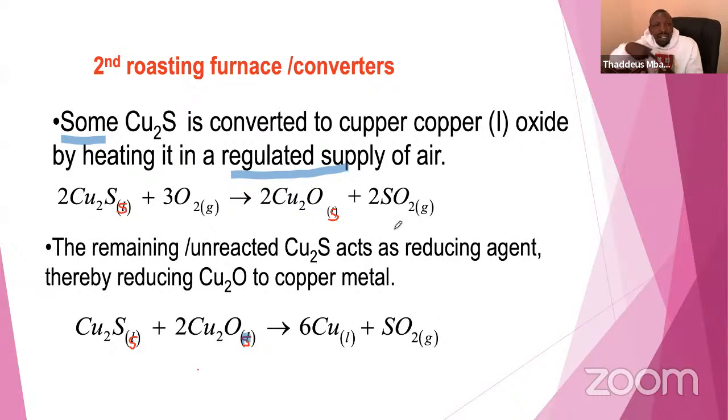Again, the sulfur oxide escapes, or rather is directed to the fume chamber, the collecting chamber. The remaining, or rather the unreacted copper 1 sulfide will now act as a reducing agent, whereby it will react with copper 1 oxide to form copper metal and sulfur oxide. And this reaction is called the self-reduction process.